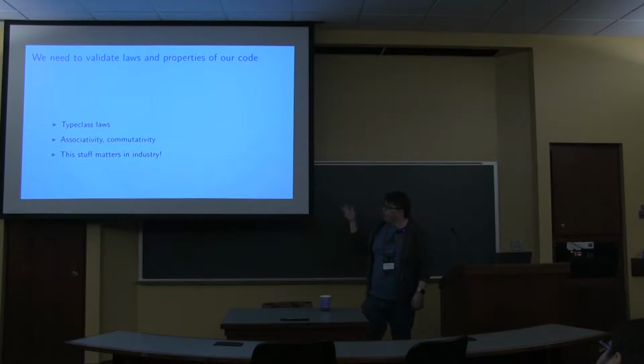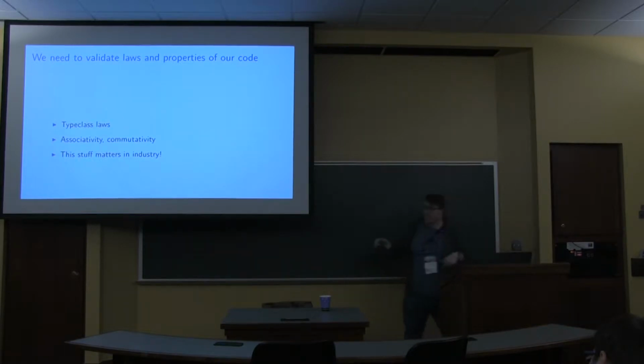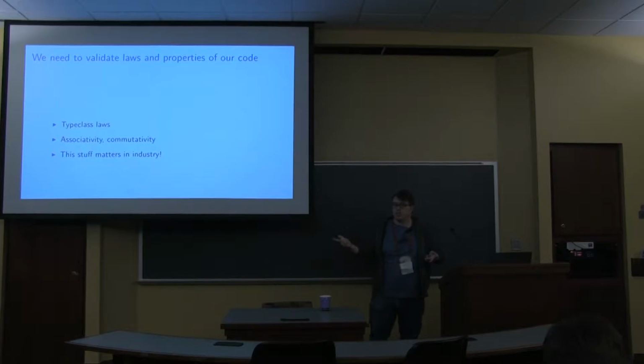Well, if your fold or your function for processing the events is commutative, you can just parallelize your processing of the events and process them in any order, right? You don't have to have a serializable event processing order. But you should probably check that your fold function is actually commutative, the thing folding your events. Well, you can. You just write a generator for your event values, and then you test commutativity and see if you can break it. And that's what something like QuickCheck or Hedgehog is going to do for you.